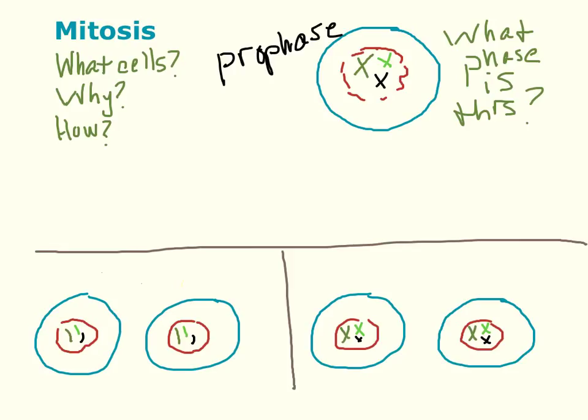Knowing the outcome would be identical to the original cell, which outcome would you choose? Okay, so mitosis is the production of identical daughter cells. Now, this is not the original cell. This is a cell in prophase. So you have to back up your brain and think, what did this cell look like in G1?